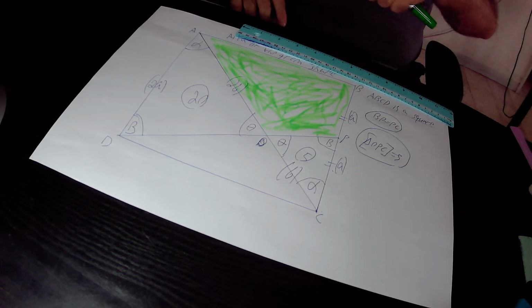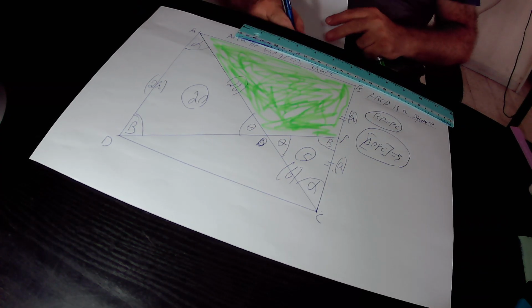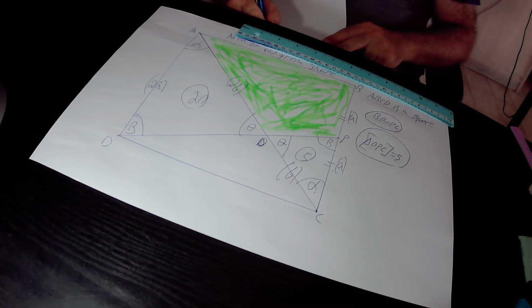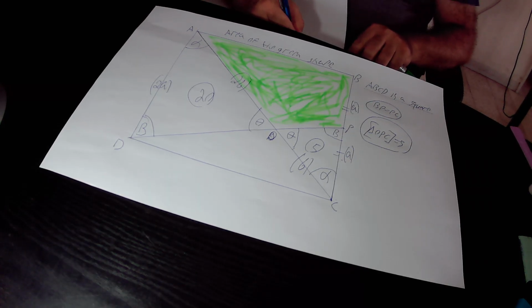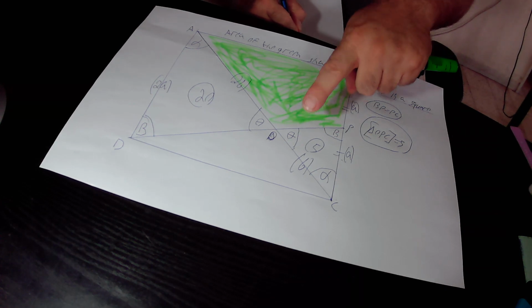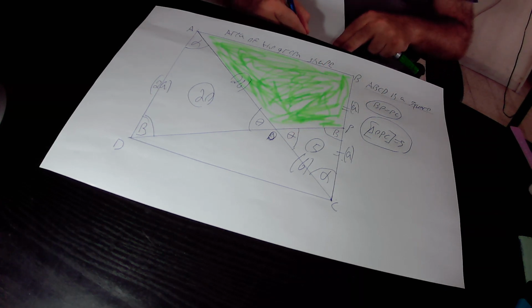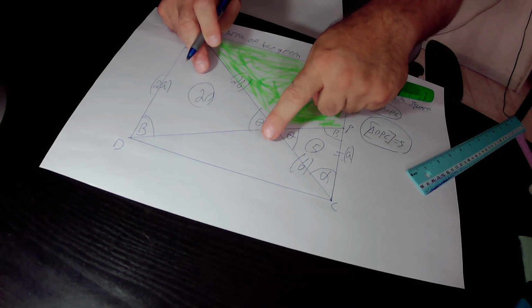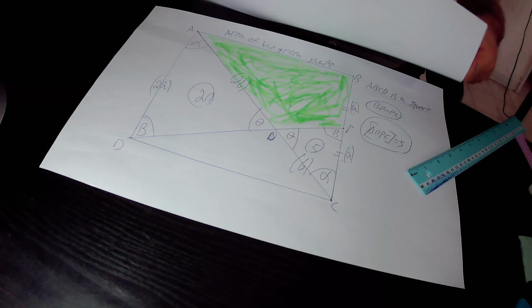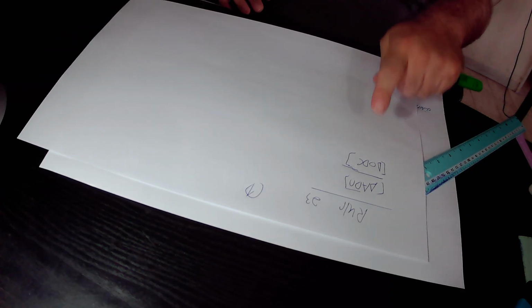It is the area of triangle ADO over the area of triangle ODC.